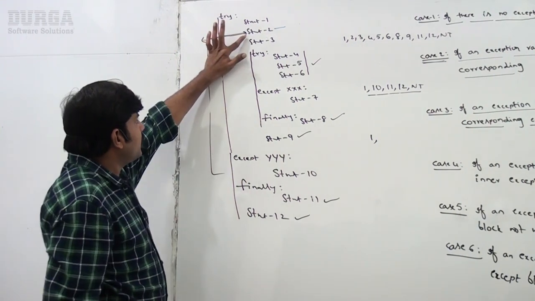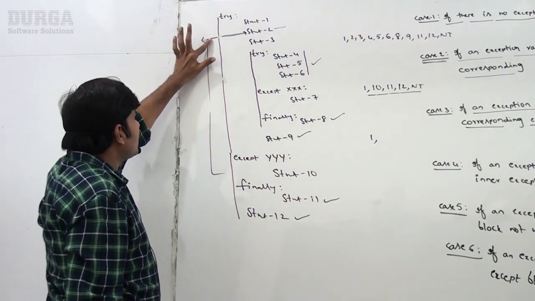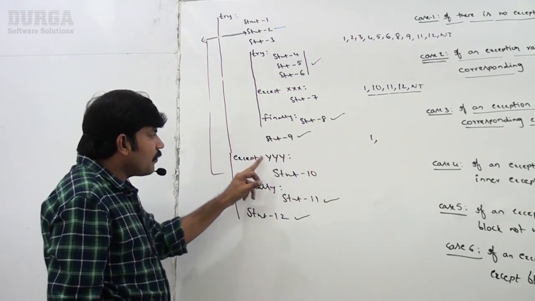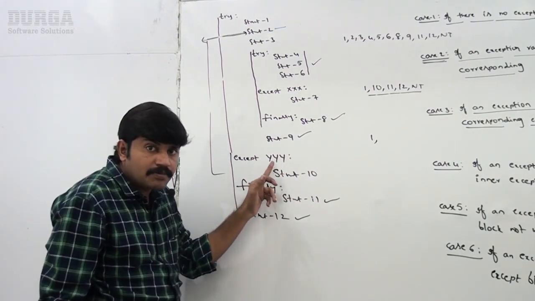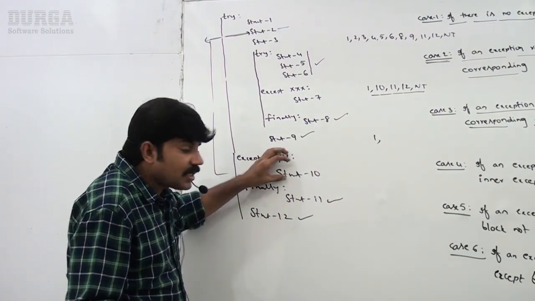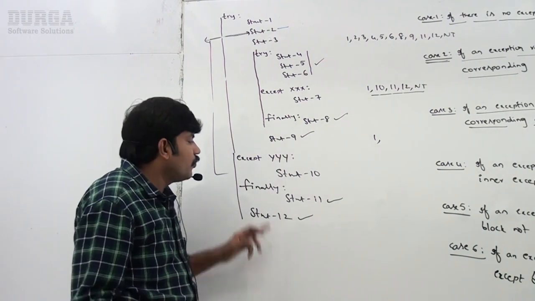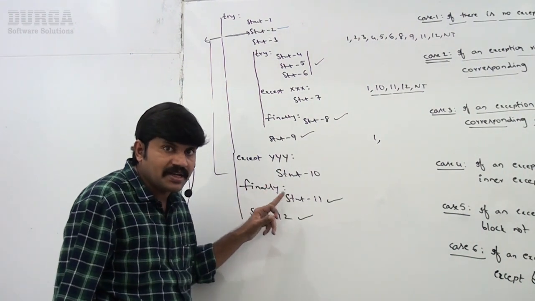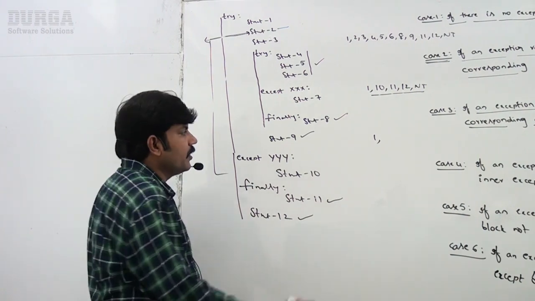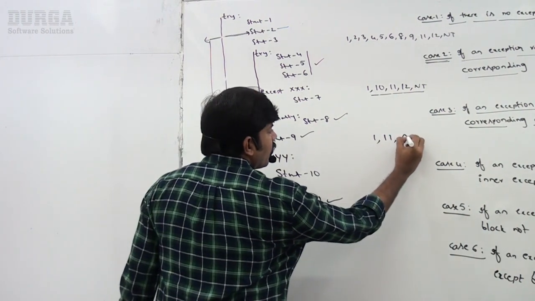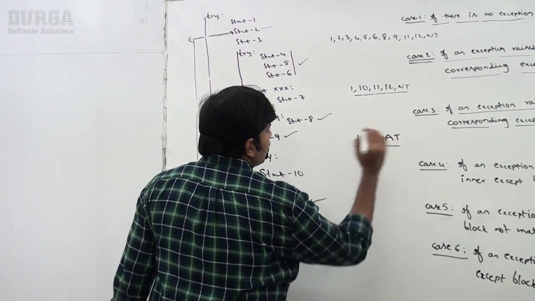If there is a problem at 2, immediately the Python virtual machine will go for the corresponding except block. The except block is not matched. If the except block is not matched, it is always abnormal termination. But before abnormal termination, only the finally block will be executed.